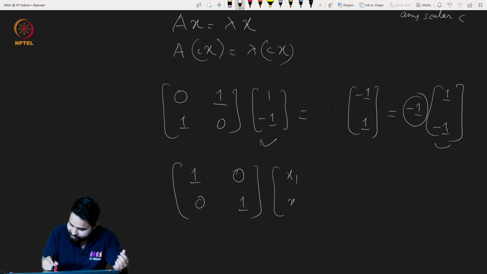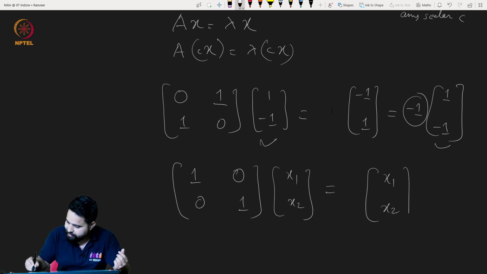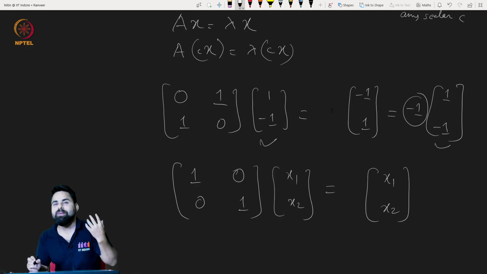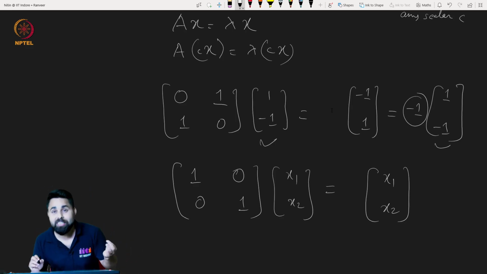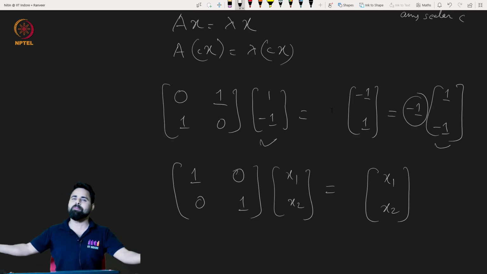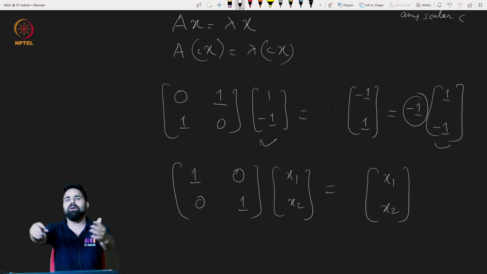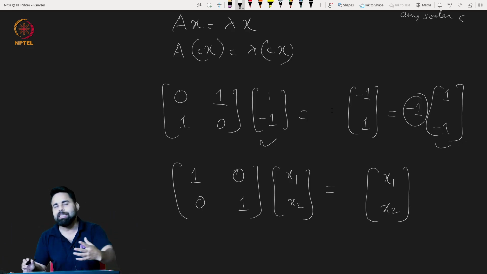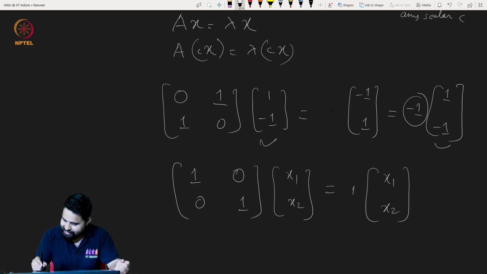So every vector. But we have to be careful here. We have to take non-zero vectors, right? So every non-zero vector in 2D space is an eigenvector of the identity matrix. Similarly, if you talk about an n cross n matrix, any non-zero vector of that dimension is an eigenvector. And what about the eigenvalue? The eigenvalue here is nothing but 1, right? Because the scaling factor is just 1. So, very simple one.